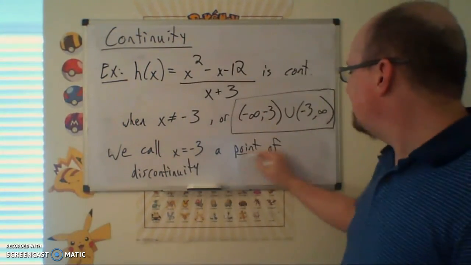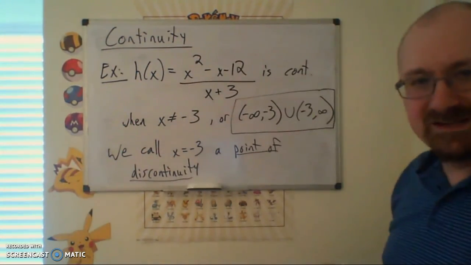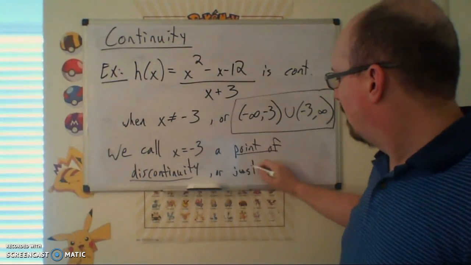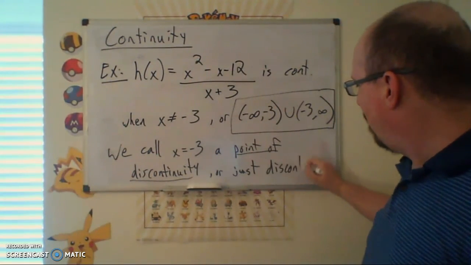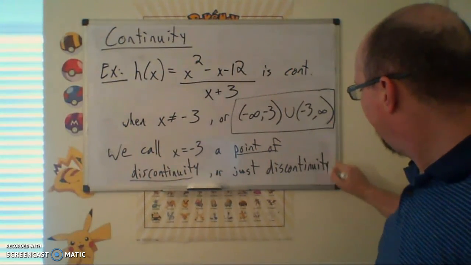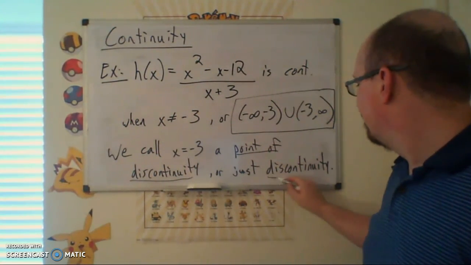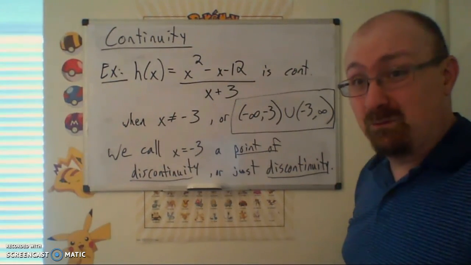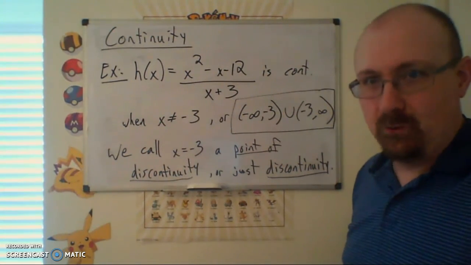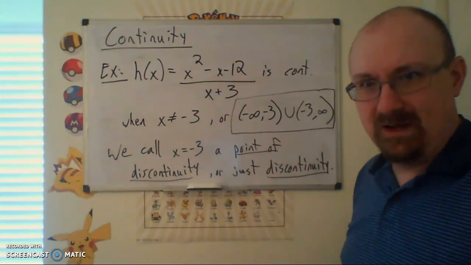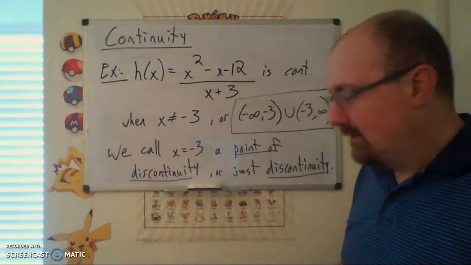So we have a point of discontinuity at x equals negative 3. I told you I wasn't going to be able to fit it. My handwriting is large. So I usually would just refer to x equals negative 3 as a discontinuity in the function, or to say that h of x has a discontinuity at x equals negative 3.